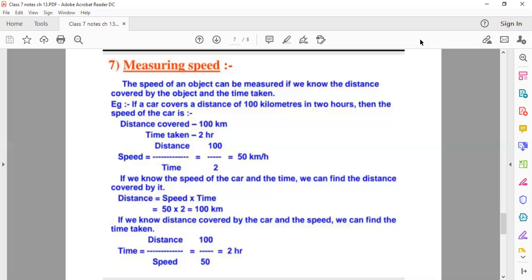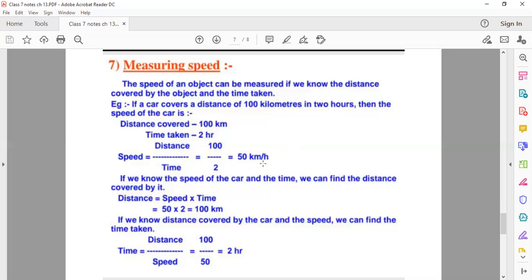So 100 divided by 2 is equal to 50. You have to use the same units in which the distance and time are measured. The distance is in kilometers and the time is in hours, so the unit for speed for this question is 50 kilometer per hour.